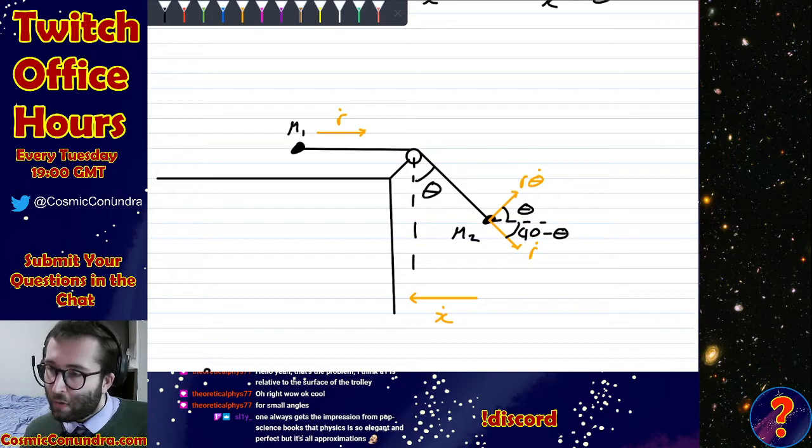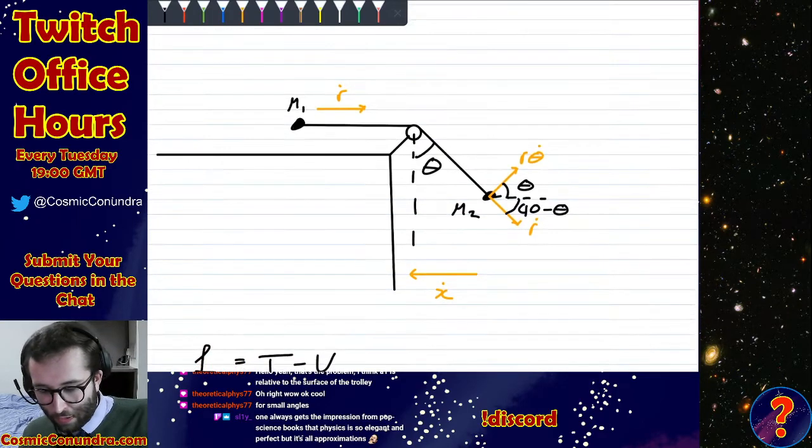X dot will increase because the whole thing will accelerate, but instantaneously it's all moving to the left with x dot. So these are the relevant parts of our motion, these things I've drawn in orange. And these angles here, you can justify to yourself by some trigonometry that if this angle is theta, this angle here is also theta, and therefore this angle here is 90 minus theta.